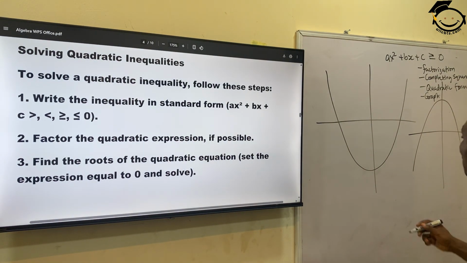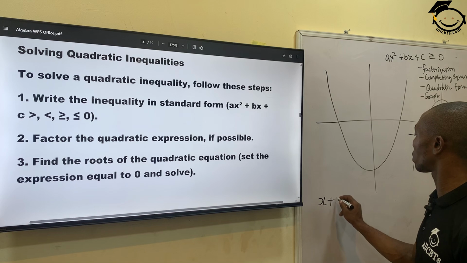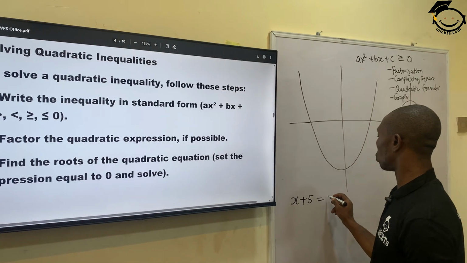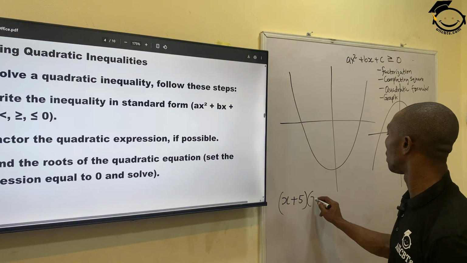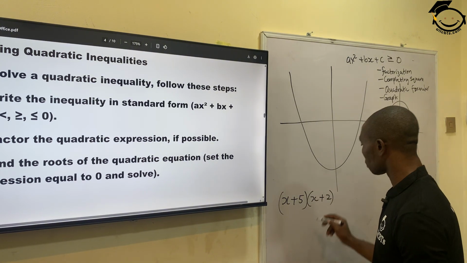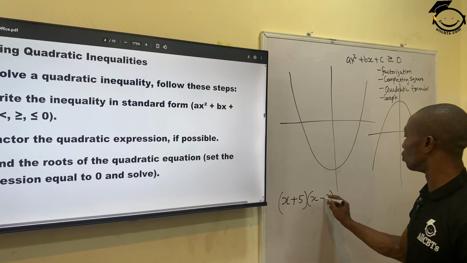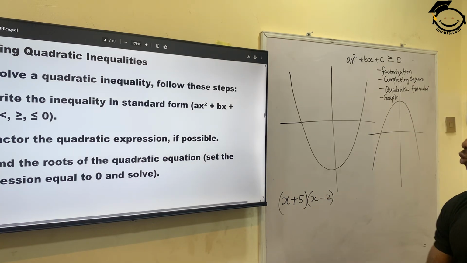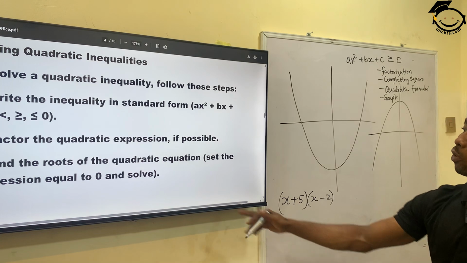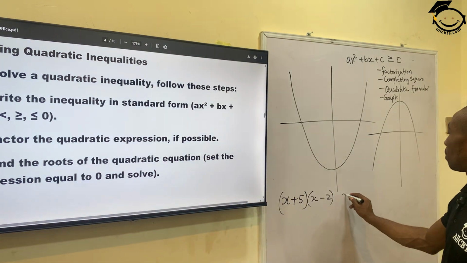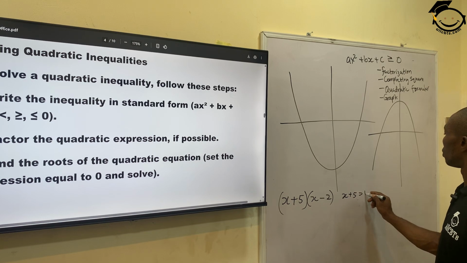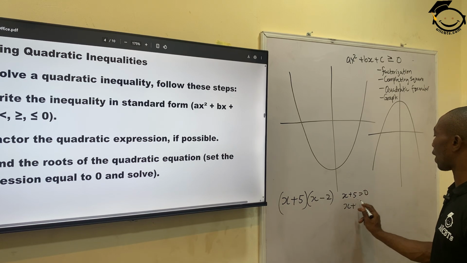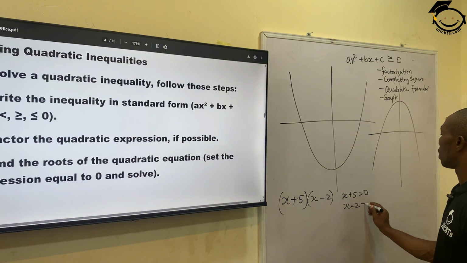Let's say our roots of equation are x plus 5 and x minus 2. Now, if these are our 2 roots of equation, we'll equate them to 0. This will become x plus 5 equal to 0 and x minus 2 equal to 0.